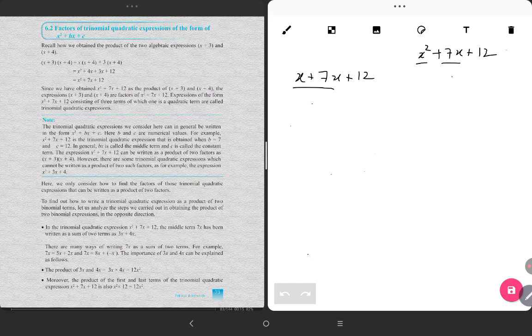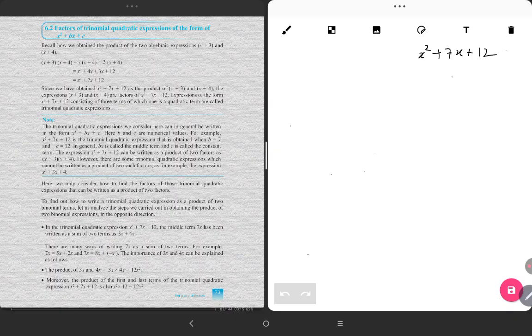Well, so now how do we factorize this kind of expression? First of all, sometimes it's not always possible to factorize a trinomial expression. Sometimes it's possible.